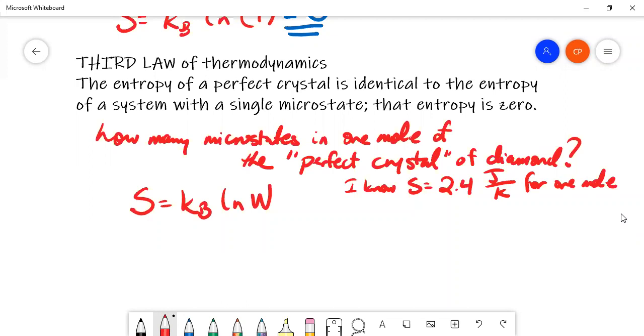Okay, I know S is equal to 2.4 joules per Kelvin for 1 mole. I know K sub B is a constant. Okay, I need W. I need to get W by itself. How do I go about getting W by itself?